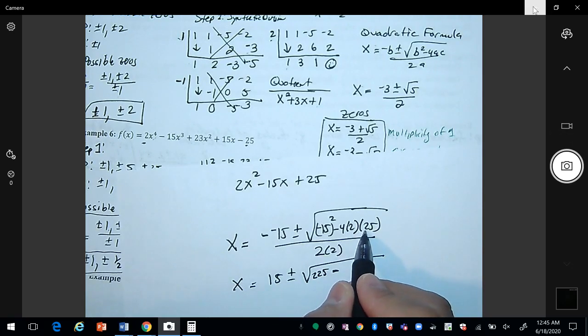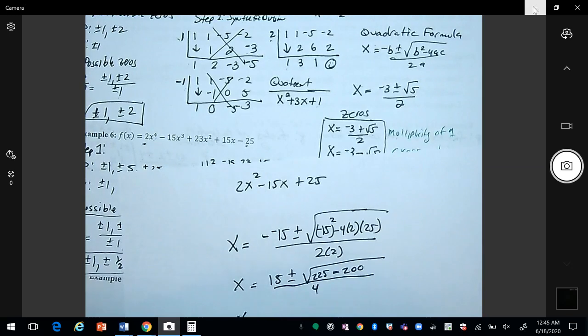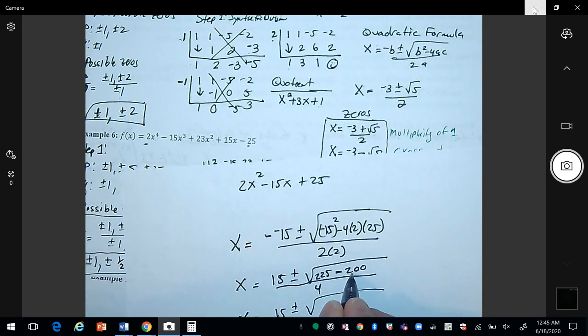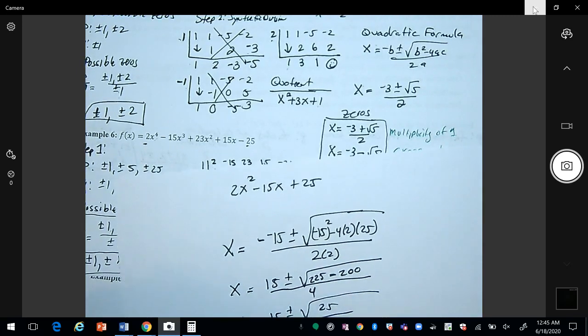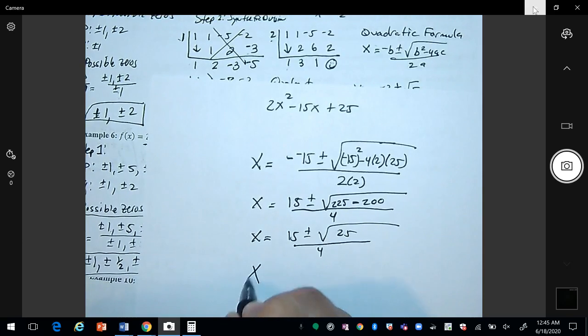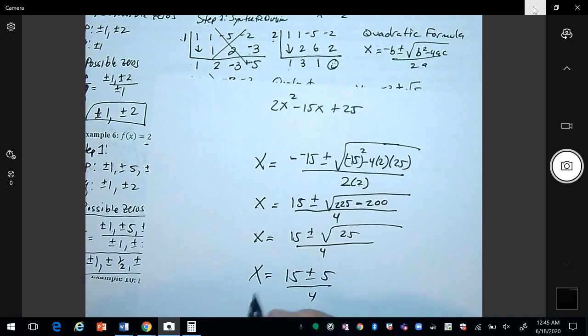4 times 25 is 100, times 2 is 200, divided by 4. 225 minus 200 is 25, divided by 4. Square root of 25 is 5, divided by 4.